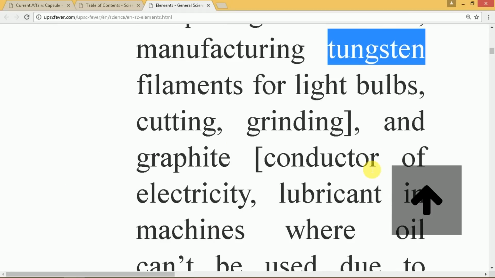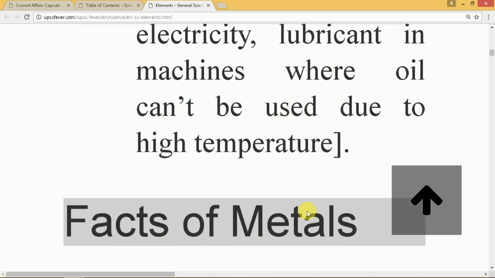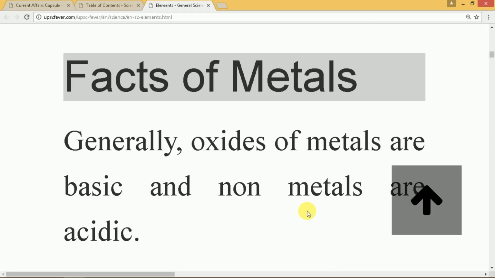Another allotrope of carbon is graphite, and graphite is a good conductor of electricity. It is also used as a lubricant in machines where, due to the very high temperature of work, oil cannot be used as it will evaporate. So there are certain facts related to metals.